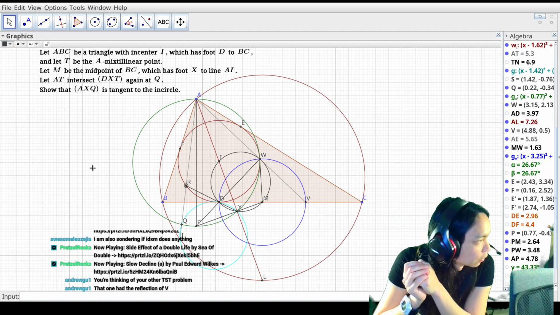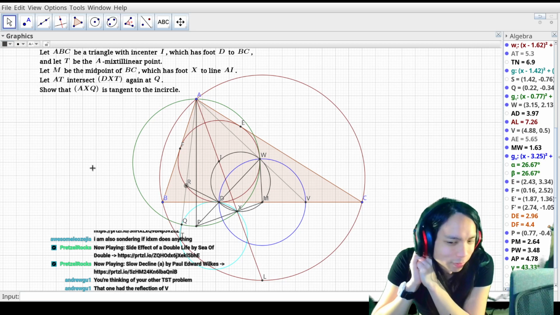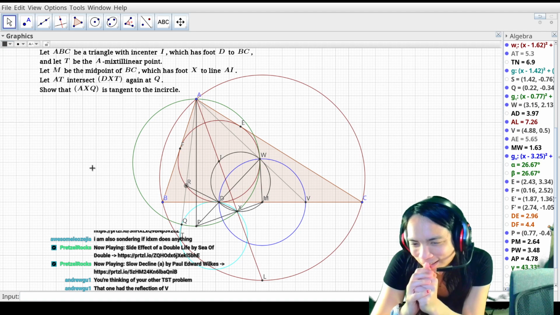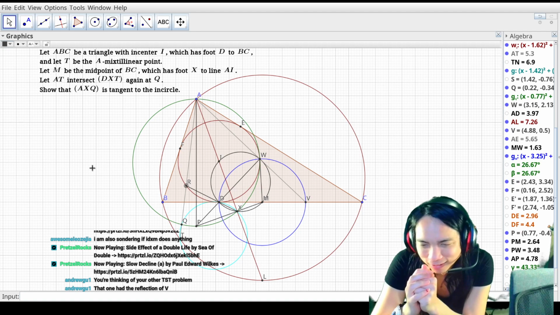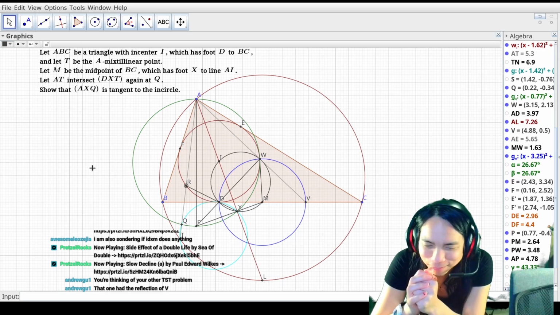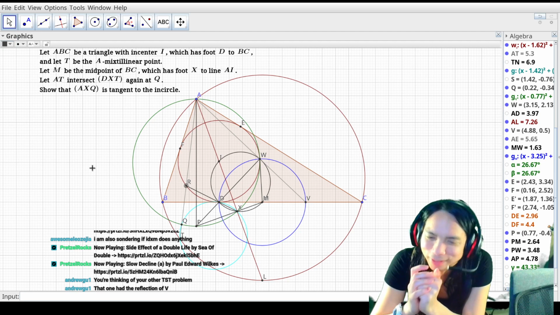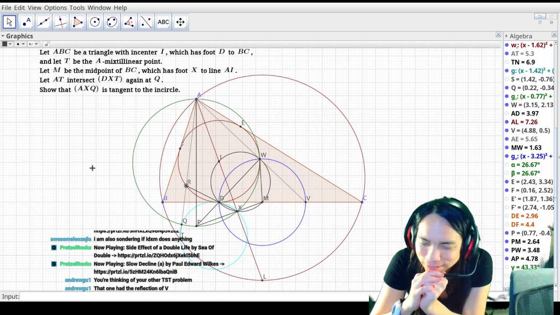That part's fine. I'm thinking of the other TST. I did have a reflection of V once, didn't I? You would probably know because I think you were on the TST.